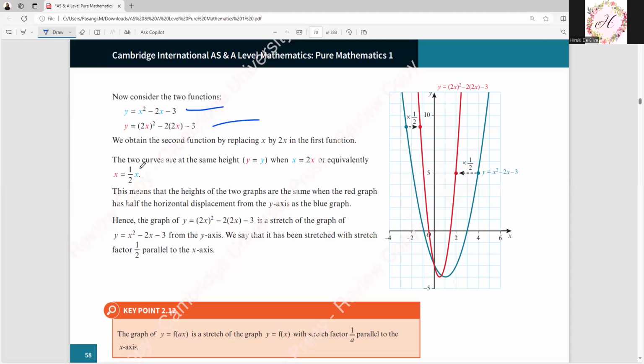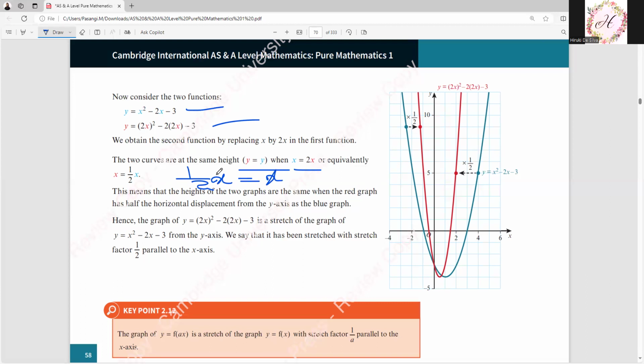So the two curves are at the same height, y = y, when x = 2x, or equivalently, x = half x as well. So x = half x means, if we divide both sides by 2, then half of the first x value is equal to the second x.